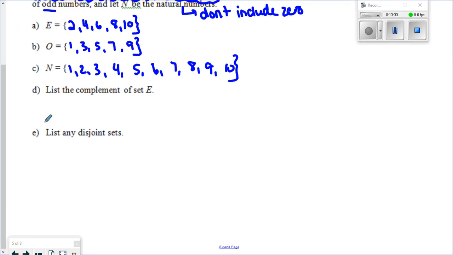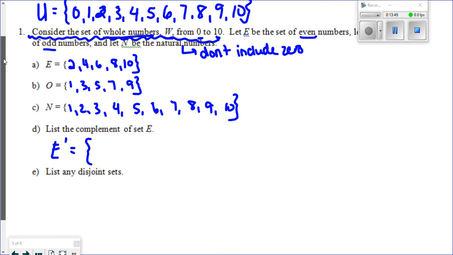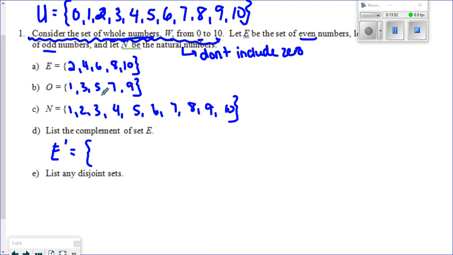So list the complement of set E. Again, a complement, the way we write it is E prime. The complement to set E is everything that's not in E that is in the universal set. So looking at our universal set, anything that's not in E. We know it's going to be our odd numbers, but it's also going to be 0. So 0, 1, 3, 5, 7, and 9.